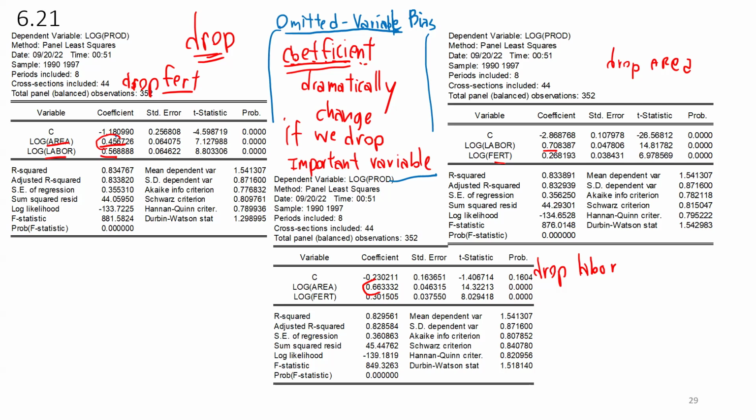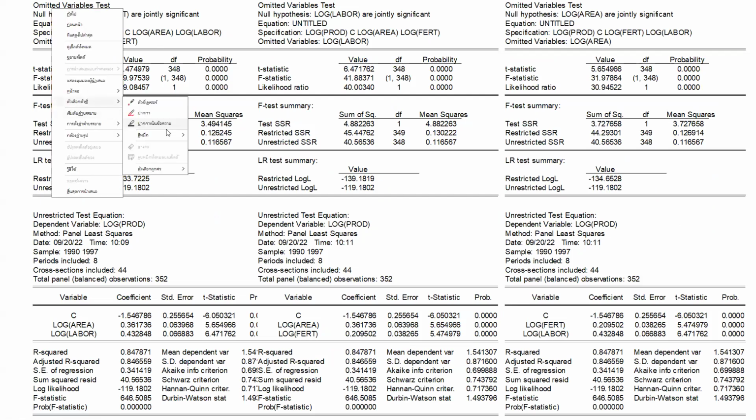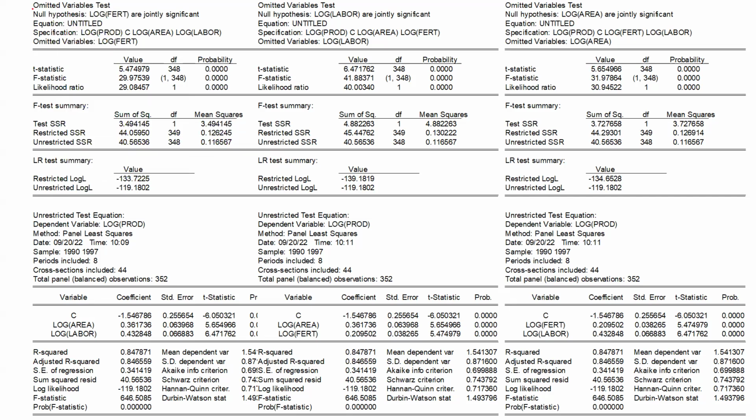It's difficult, right? Okay, just look at one of them. So I then test for omitted variable. This is called the omitted variable test.